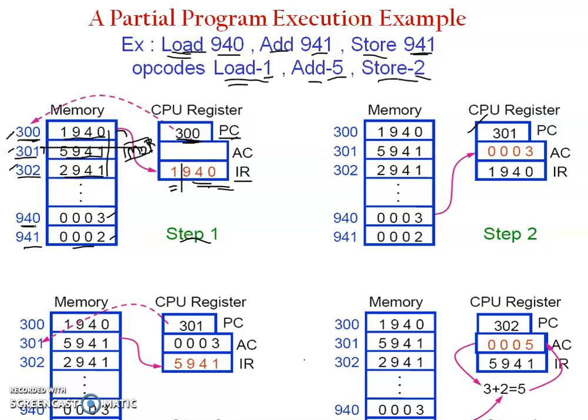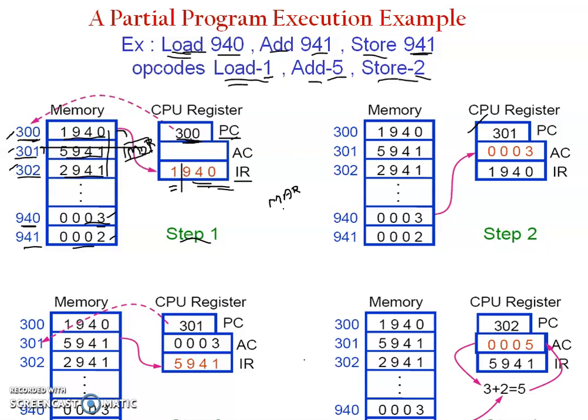Some value is stored in 940, that is 3, which needs to be loaded to the accumulator register. So what happens? This address 940 will again be placed in the MAR.